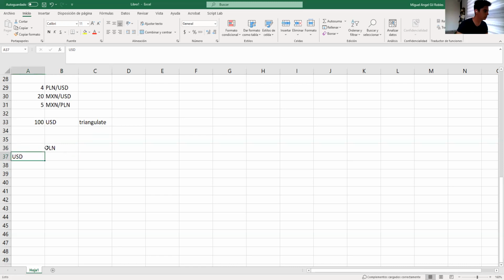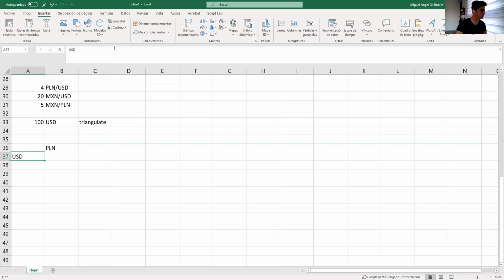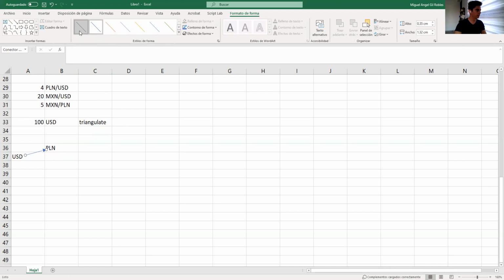So I am asking you to move from dollars, because you start in dollars, to Polish zloty.